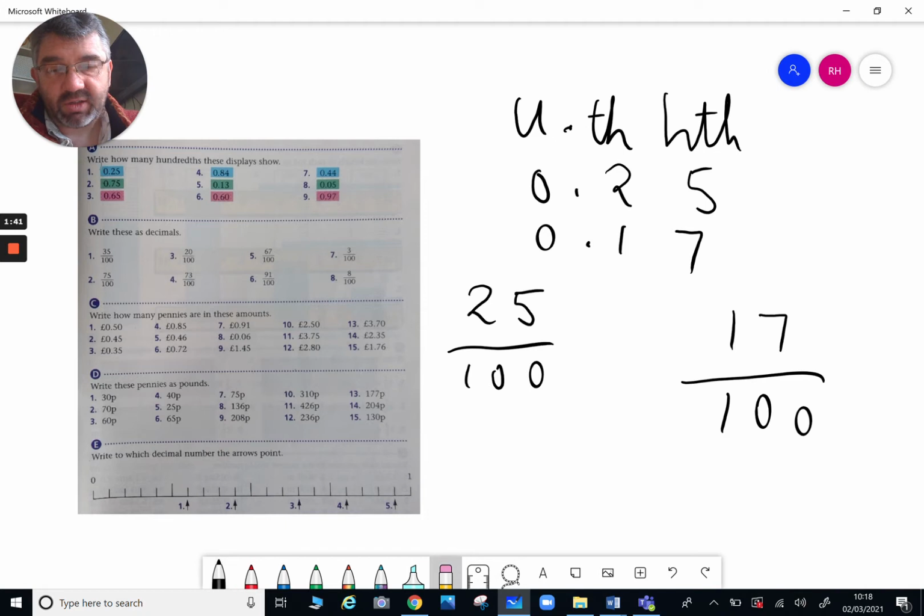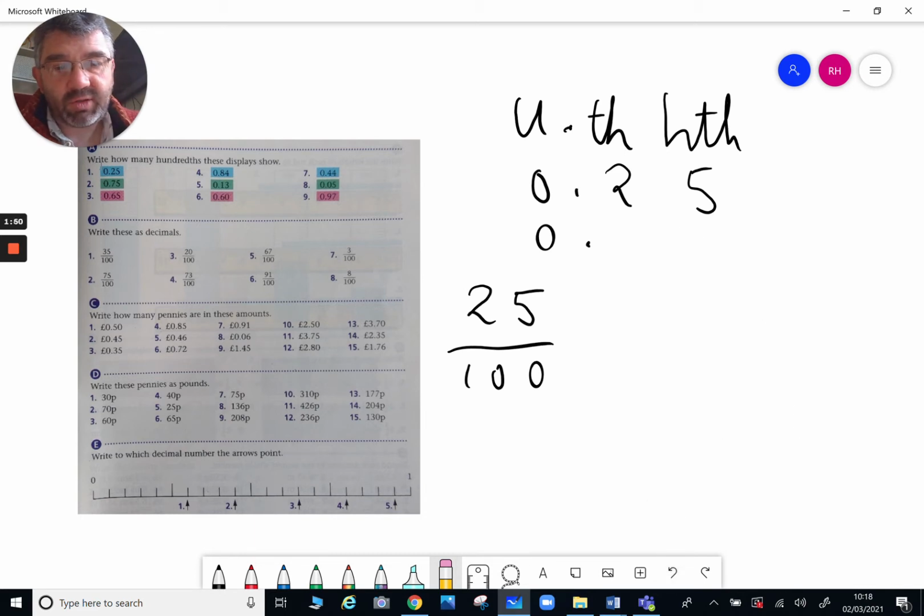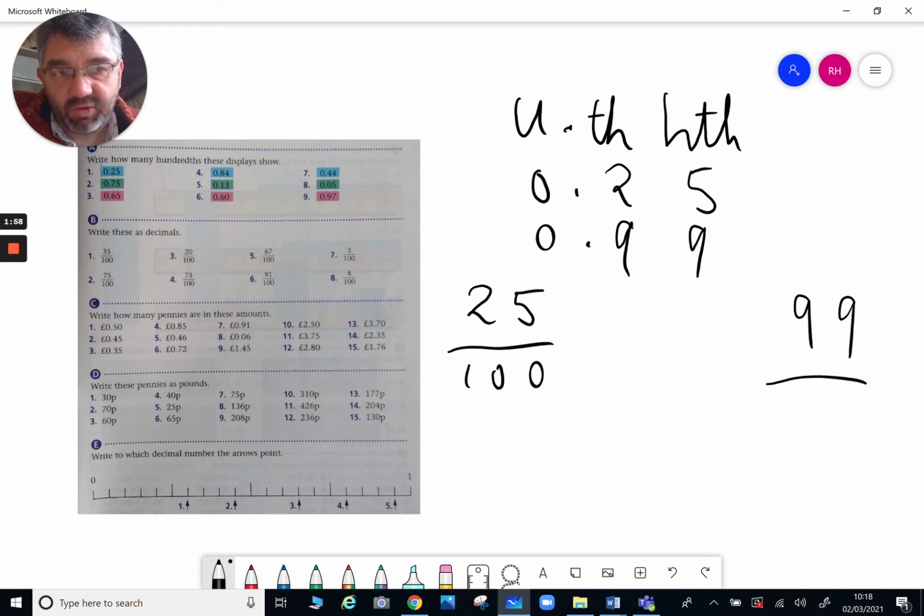Once you get as far as 99 parts over 100, so let's have a look at that, things get quite interesting. So 0.99 would give us 99 over 100.